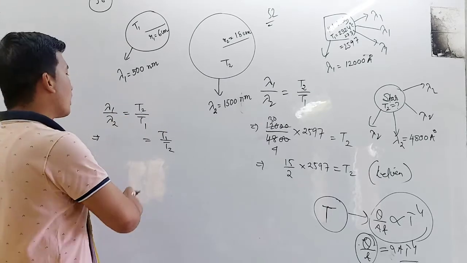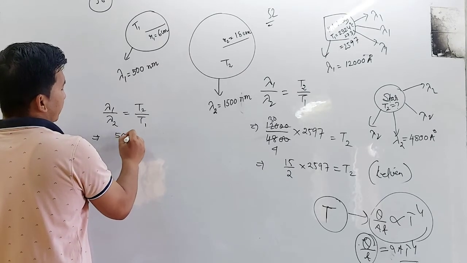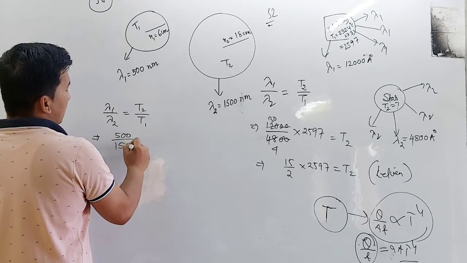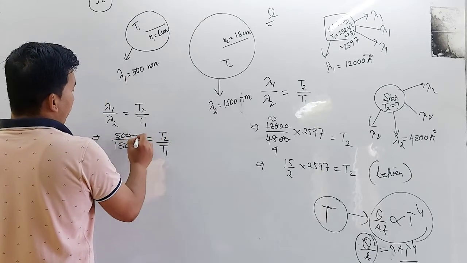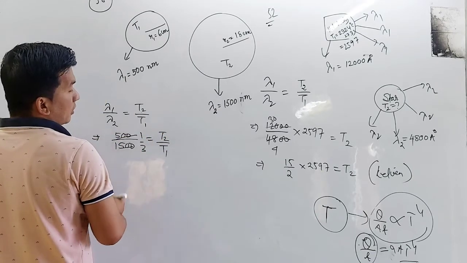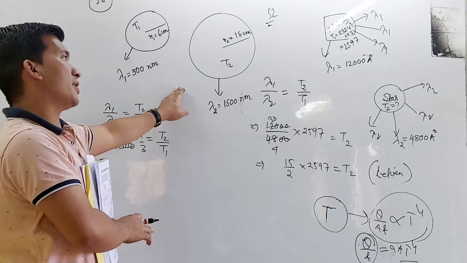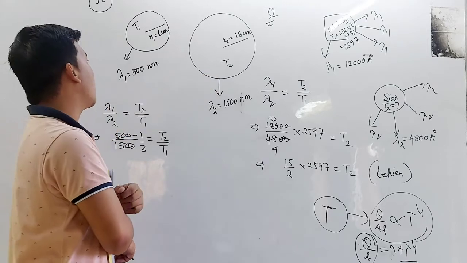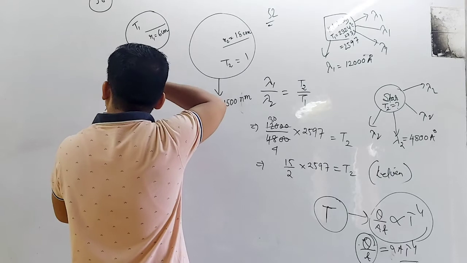So this is 500, this is 1500, into T2 divided by T1. So this will be 1 by 3rd, like the temperature of the bigger black body is lower. We have to consider T2 to be 1 and find the value of T1.